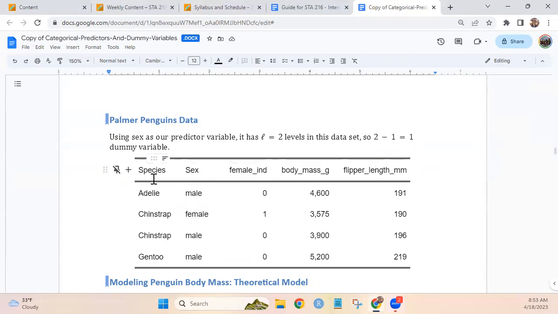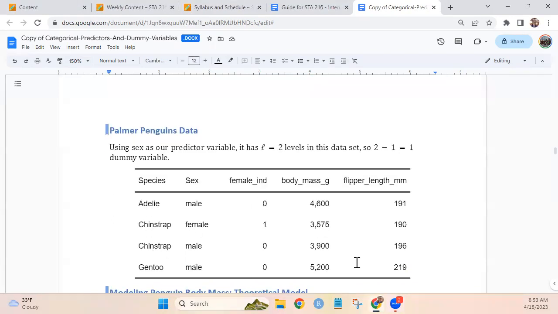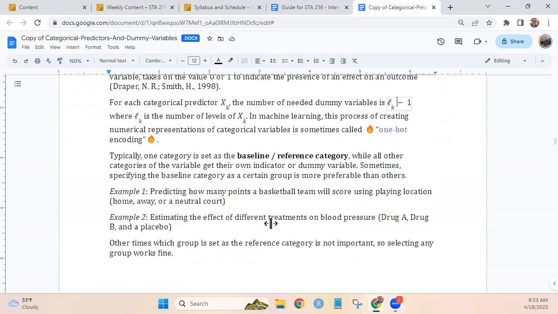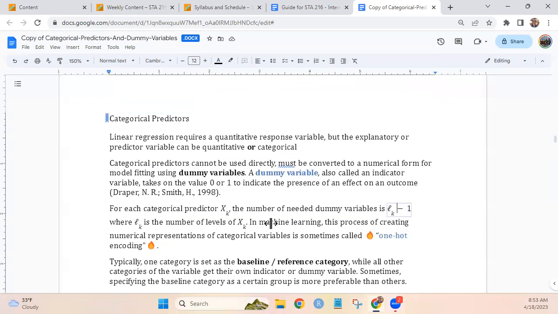For species, you would need 2 dummies because you could have an indicator of it being an Adelie, an indicator of it being a Chinstrap penguin. And if it's neither of those, then you know it must be Gentoo, for example. So we avoid redundancy in how we encode the information. But that's how we can use dummy variables or indicator variables to encode categorical information.